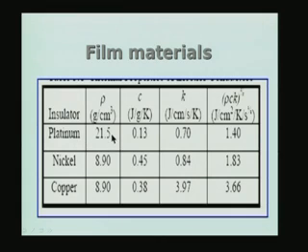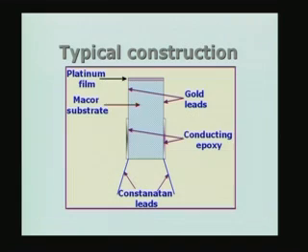Platinum is a very useful material, because we have already seen that platinum is used as the resistance of RTD material, and its properties are very well known. So, platinum film sensors are used in practice.